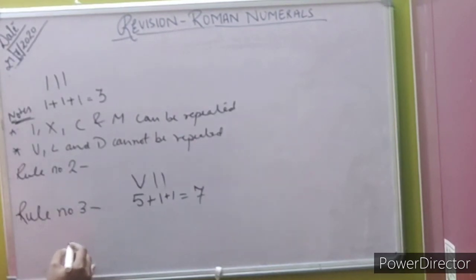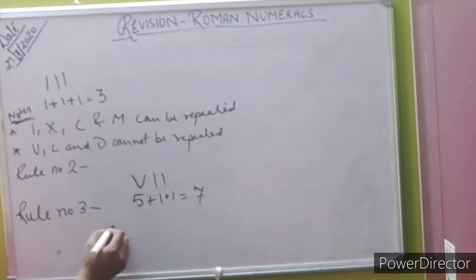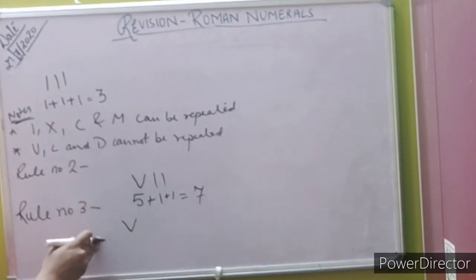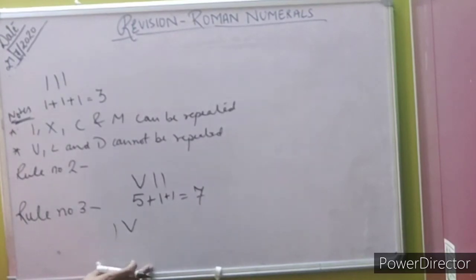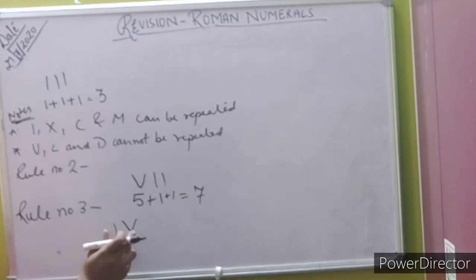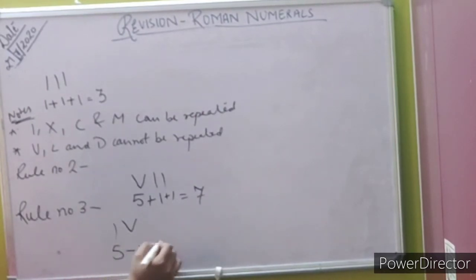The larger numeral is written on the right side and a smaller numeral, like I, is written to the left of it. Then it is always subtracted from the larger numeral. V stands for 5 and I stands for 1. So 5 minus 1 is 4.